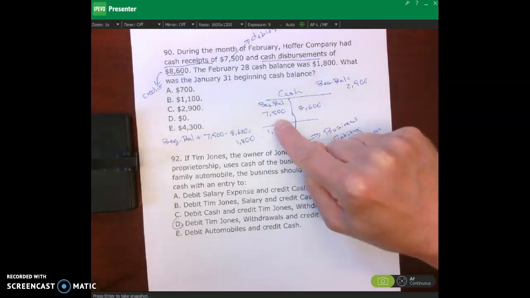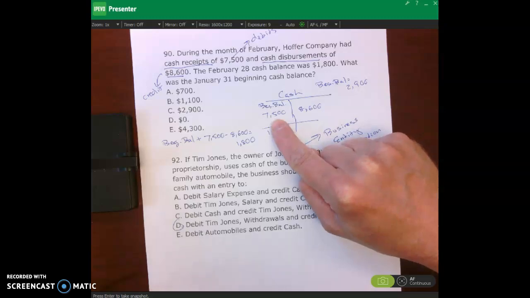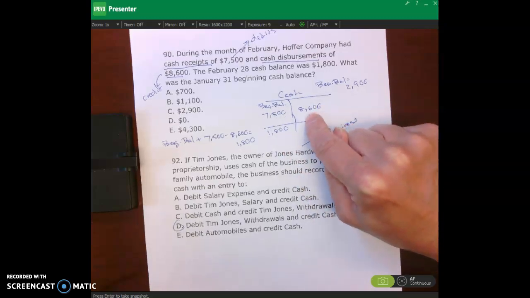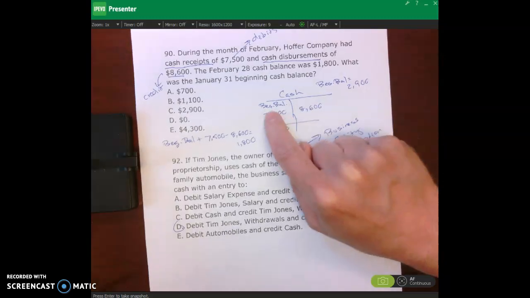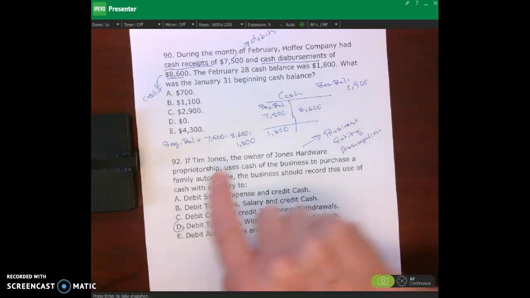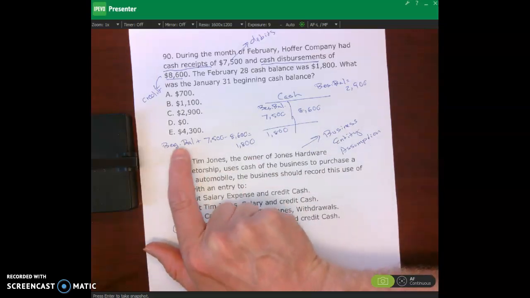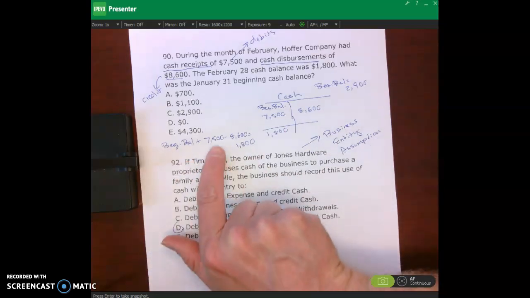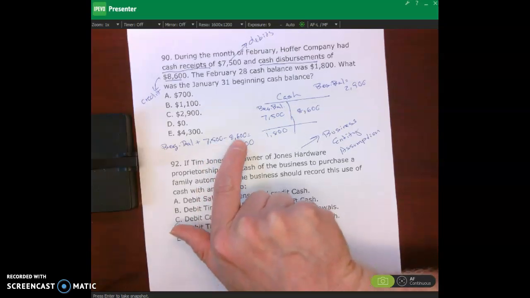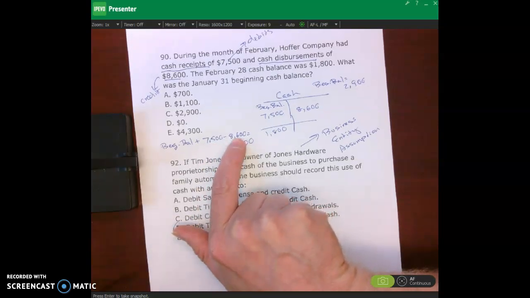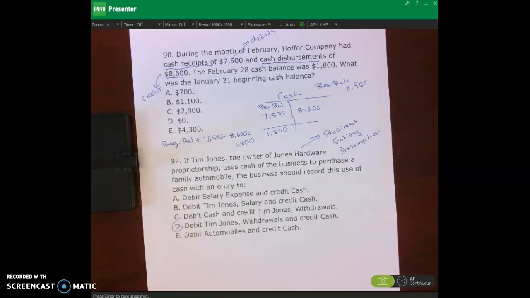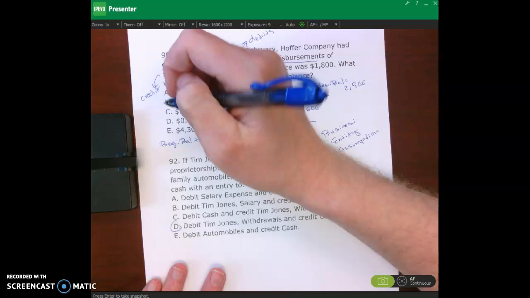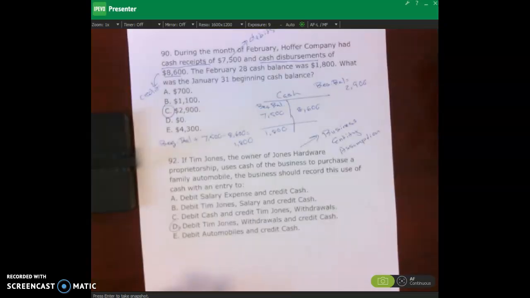And then 7,500 I told you was the debits, the cash receipts. $8,600 was the cash disbursements, the credits. And so then we have our unknown beginning balance. We set up our algebra equation: beginning balance plus 7,500 minus 8,600 equals 1,800. Solve for beginning balance, and what you get is C, $2,900.